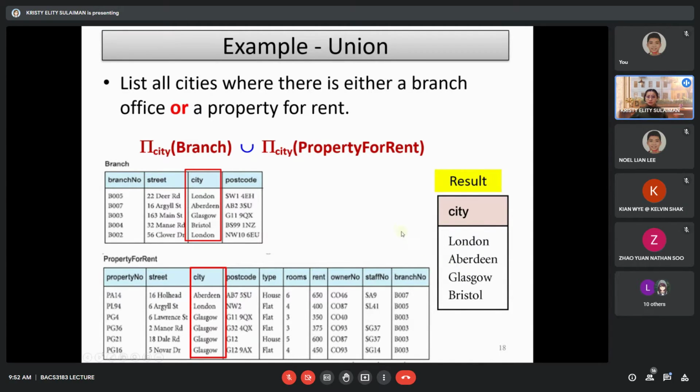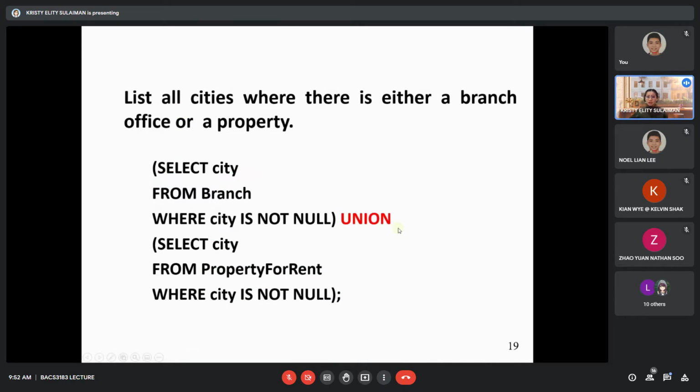Right. So in SQL, we can write the query like this. We want to list all cities where there is either a branch office or property.